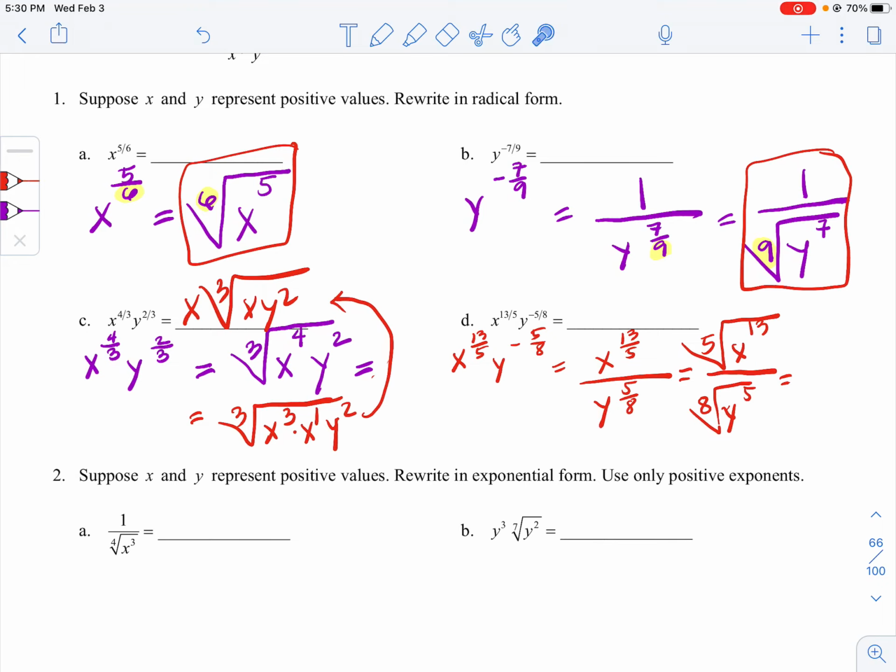There are 2, right? There are 2 5's in the 13, and you have 3 left. So how do you simplify that? You could simplify that right away, but I could also do it as x to the power of 10, x to the power of 3 over... I don't think there is an 8 in the 5. There's nothing, right? So I can keep that the same, but I can simplify that.